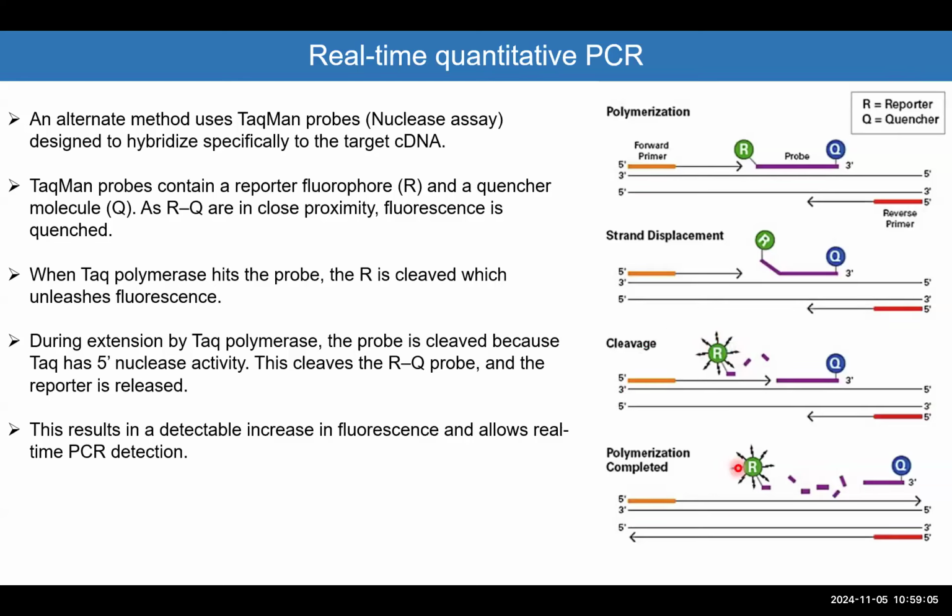So the only difference between SYBR and TaqMan is that the TaqMan probe is already binding to a specific part of the gene, so the sequence is very, very specific, while SYBR binds to any double-stranded DNA you are generating. The more fluorescence you get, the more the machine records that fluorescence is active. In other words, the more amplification of your specific gene.